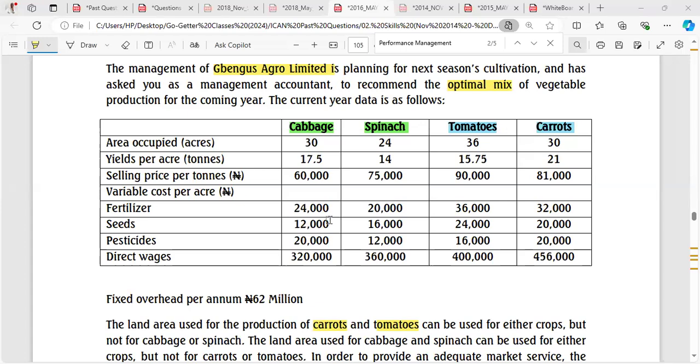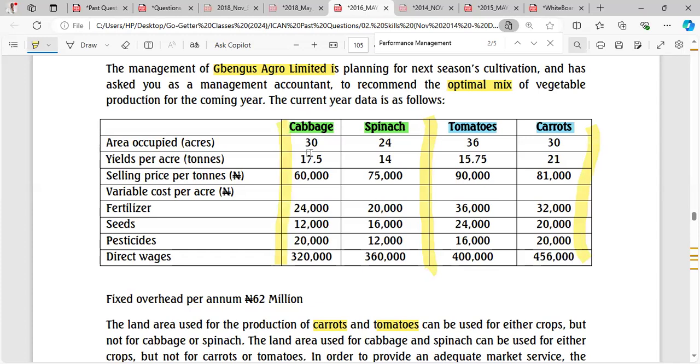All right. Now, we are saying that the land is being divided into two. What we have for cabbage, now these are the boundaries.